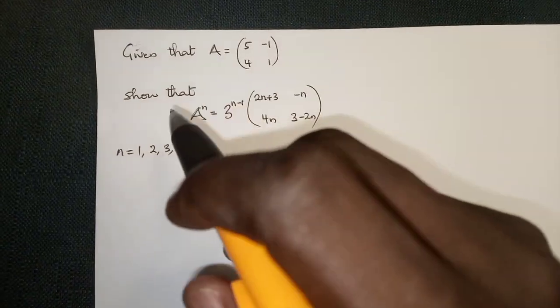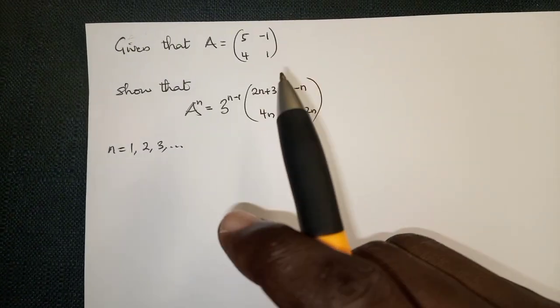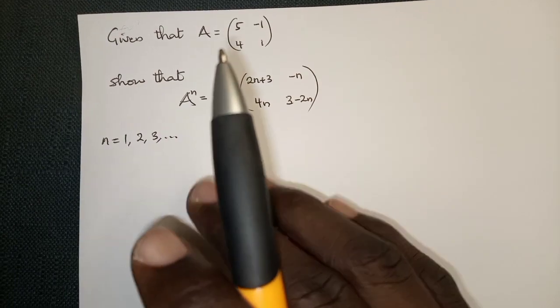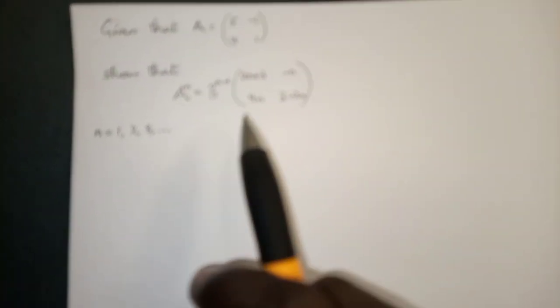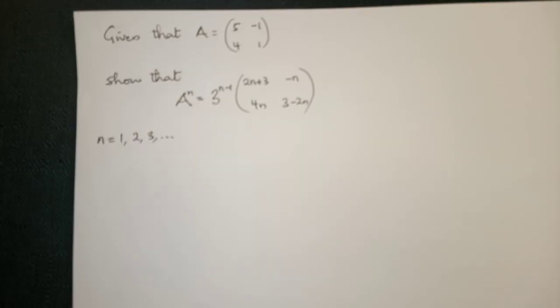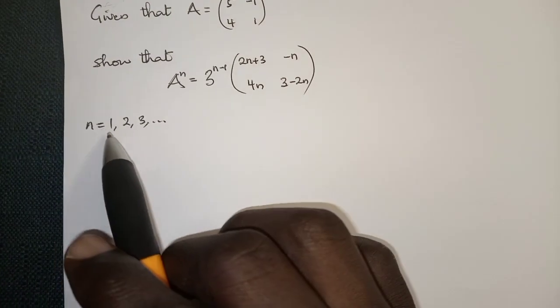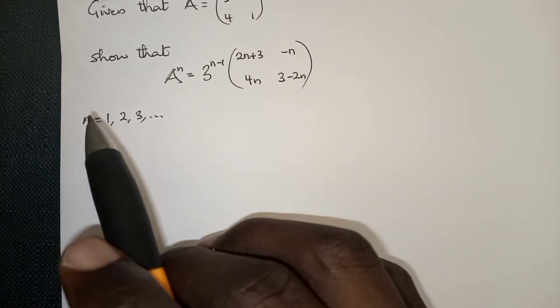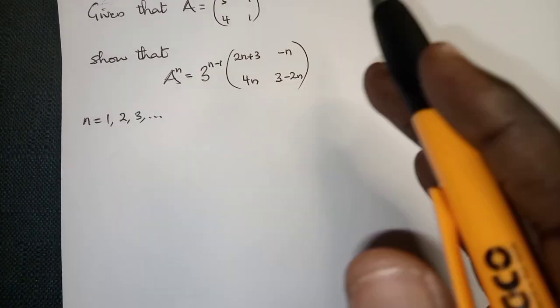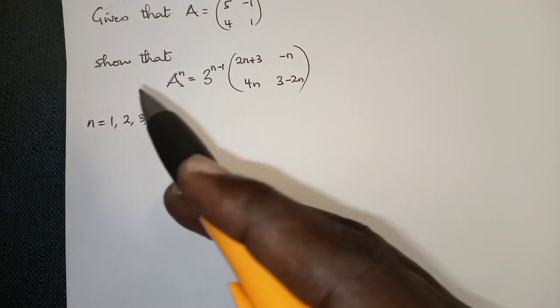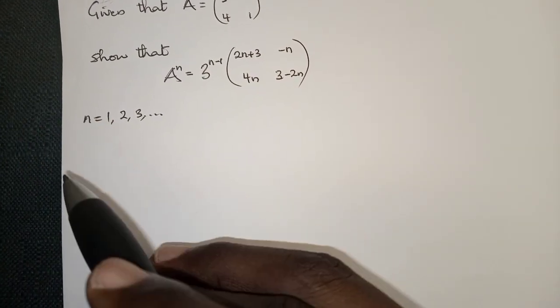We have this matrix here, and you have to show that A exponent n equals this. Given the values of n to be 1, 2, 3 and continues like that, so obviously they are natural numbers.